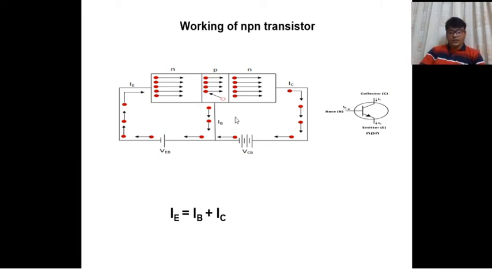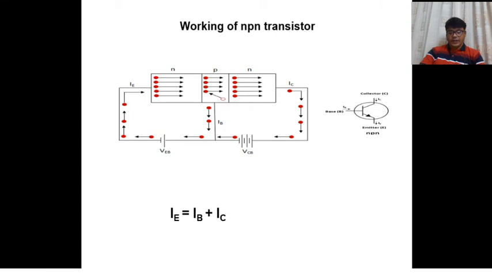Now how does the transistor working take place? The forward bias causes electrons in the N-type emitter to flow towards the base. This constitutes the emitter current. As these electrons flow through the P-type base, they tend to combine with holes.